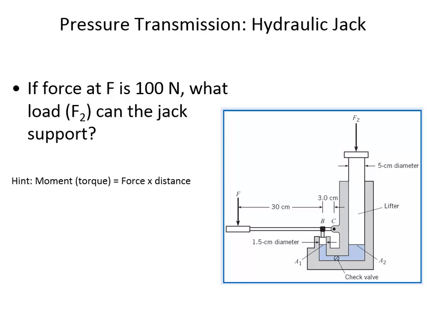And so the pressure of 6.225 times 10 to the 6th newtons per meter squared, the e to the 6th means times 10 to the 6th, times the area at 2, the force at 2 is 12,222 newtons.